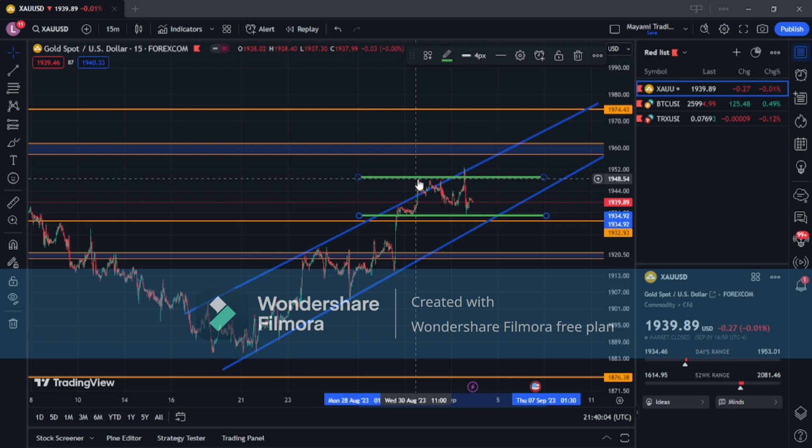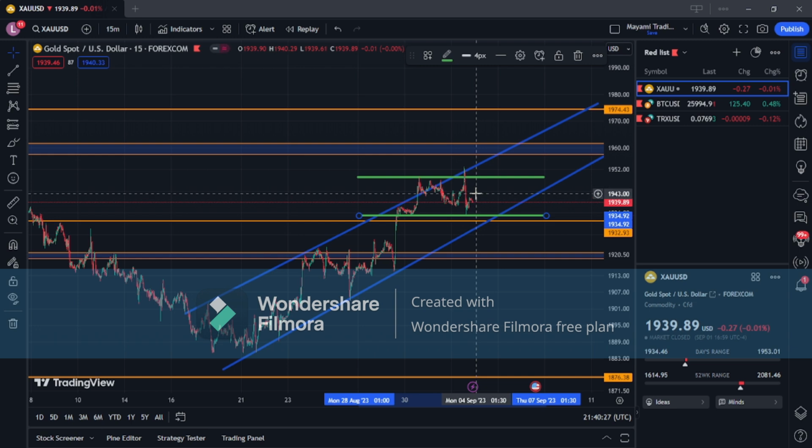And the same thing happened right here. So you have a push down, retest here, retest here, and retest here, and finally a breakout. Well, it was some sort of fake breakout, and now you have it coming down and retesting that, and it's going back up.